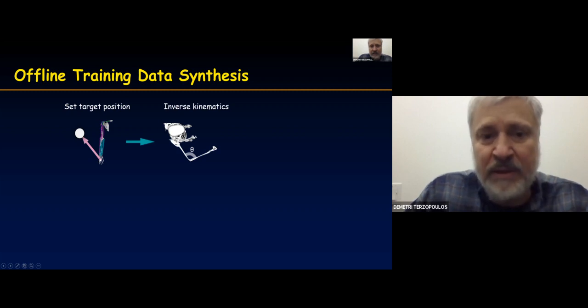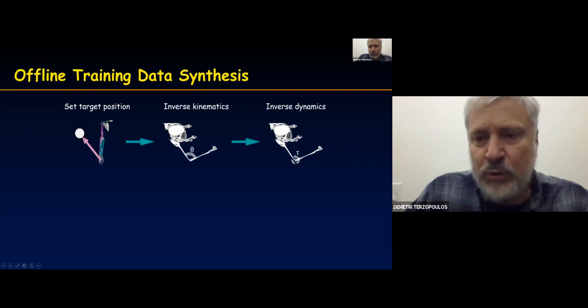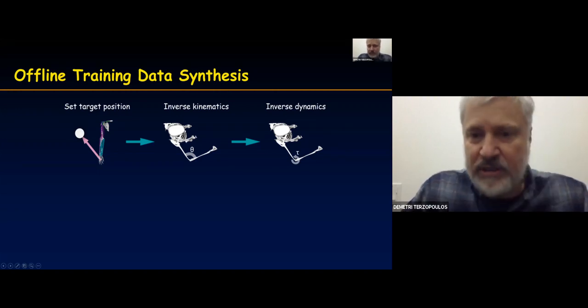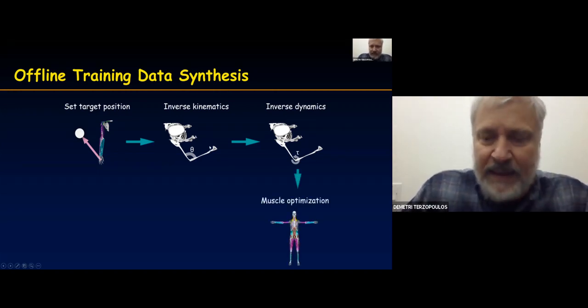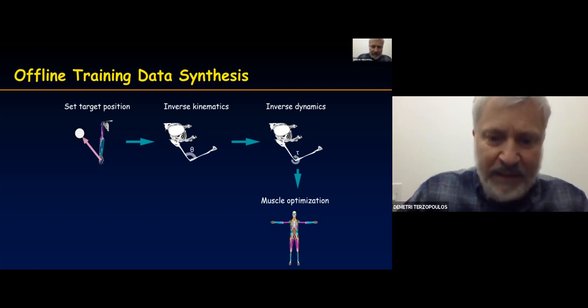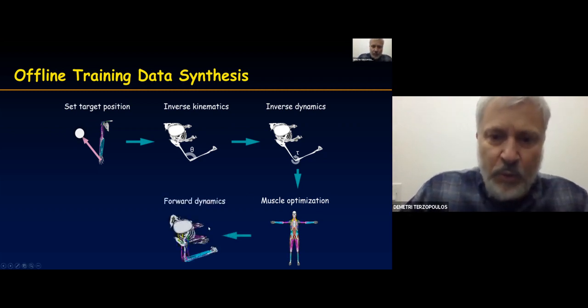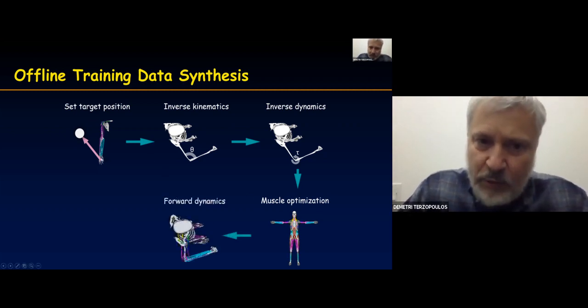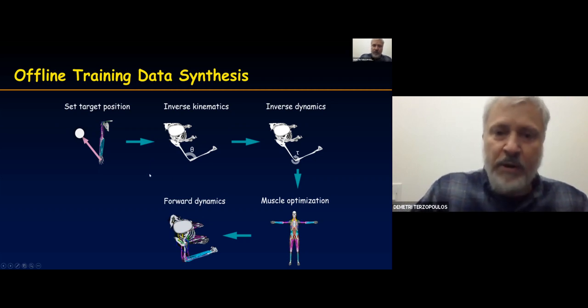We can solve by inverse kinematics how to take an incremental step in the right direction, and by inverse dynamics, how to change the activation of the muscles in order to make this step against gravity, just like I explained before with the neck. And then we can do muscle optimization, so we want to make this step while using the least amount of muscle effort. And then we have it. We can actually take an incremental step in the right direction with our arm.